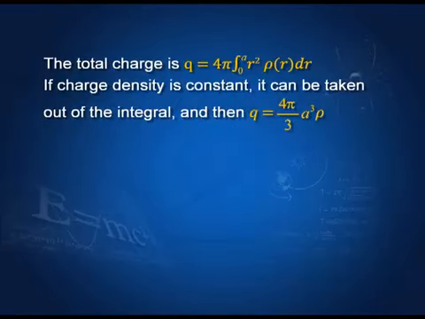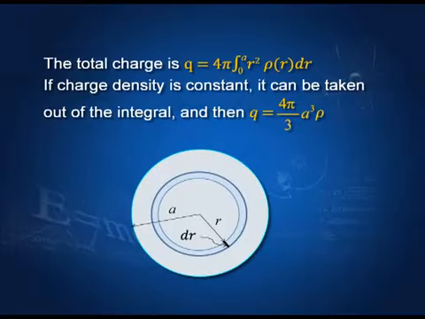If rho is independent of r, it is a uniform charge density, then I can take rho outside, and the integral of r squared dr from 0 to a is simply a cubed by 3, and therefore the charge inside is 4 pi by 3 a cubed rho.